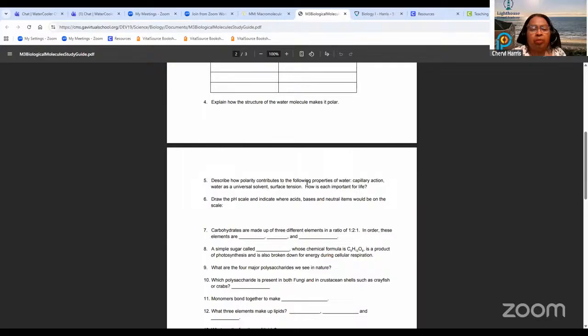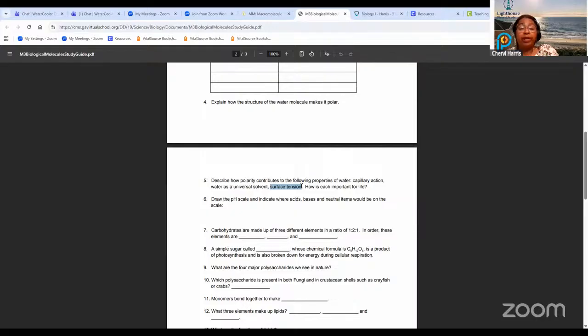All right, describe how polarity contributes to the following properties. We were talking about surface tension. Water can bead up, which kind of helps with the waterproofing. So water can bead up on the surface of things like your skin or the top of a plant and not sink through.